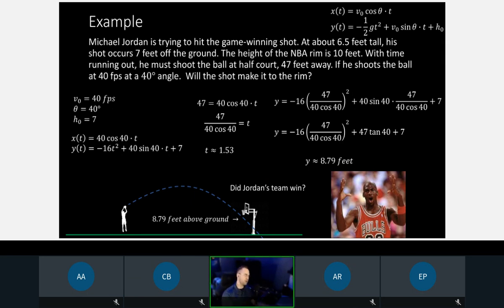But let's look at it the other way. Instead of finding the time it takes to get to 47 feet, let's find the time it takes to get to 10 feet. I think that'll be a better indication whether or not it actually made it.